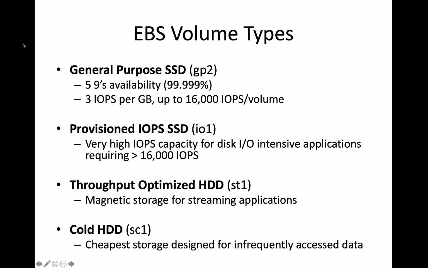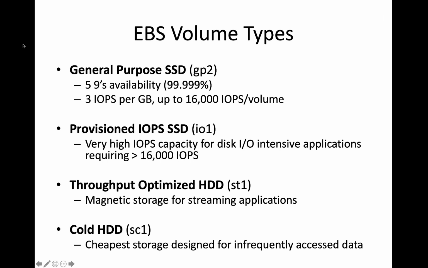If you need something faster than that, then you can use provisioned IOPS SSD, or what's called IO1. This is for very, very high speed disk IO applications. So think database here. If you've got a highly transactional relational database that requires heavy IO, then you would want to provision the IO1 volume type.